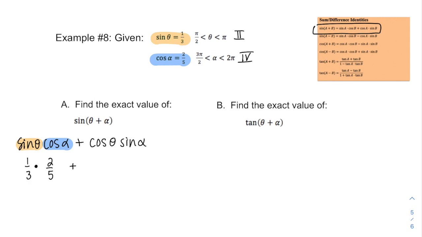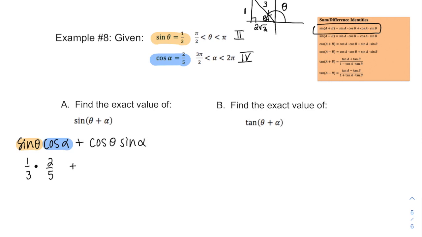Now, to find the cosine of theta and the sine of alpha, we got to go back a couple of chapters here. So I'm going to draw myself a picture. If I know that theta is in the 2nd quadrant, here's theta. This is its reference angle. I know that the sine is the opposite over the hypotenuse, or the y value over r. And so I can find the third side of that triangle, just Pythagorean theorem, 1 squared plus x squared equals 9.